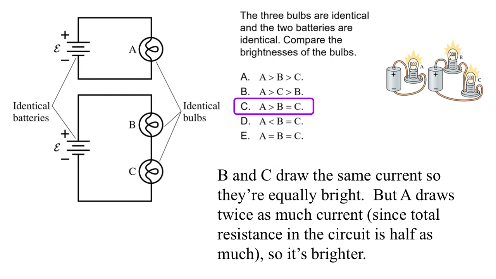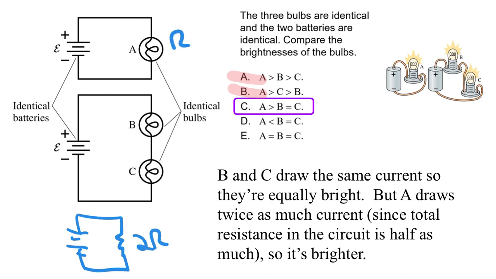But not A, not B. And then we can say, well, the current through A is larger because the effective resistance of circuit 2 is 2 times A. In other words, we can take this circuit and make it into this circuit, where this is 2 resistance, whereas that's 1.